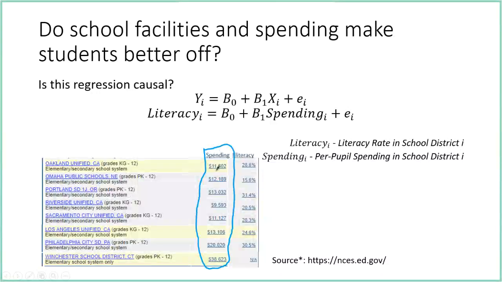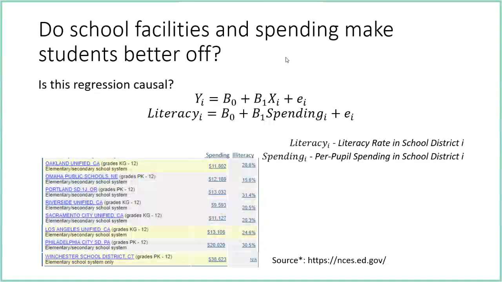You would get a coefficient, and that would tell you maybe for a $1,000 increase in, or sorry, did I switch that up? Literacy is the outcome, spending is the independent variable. And so beta 1 would tell you for maybe a $1 increase in school spending or a $1,000 increase in school spending, how much could you expect the literacy rate to go up by?